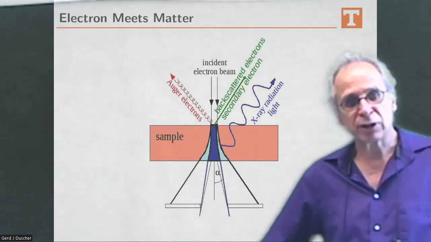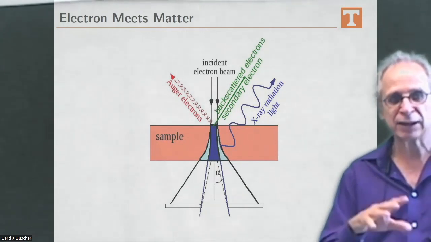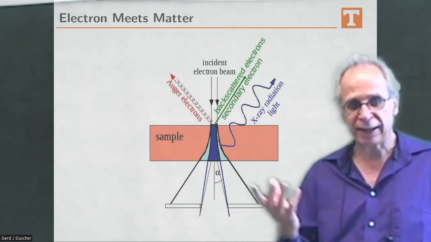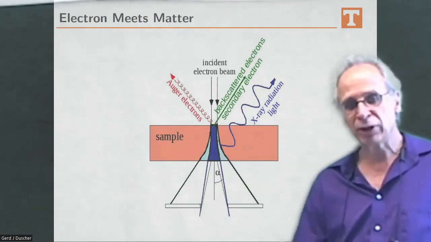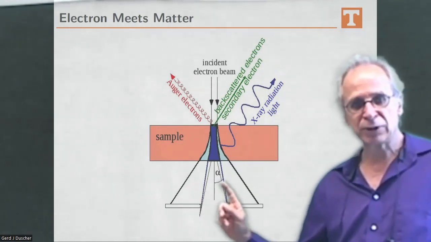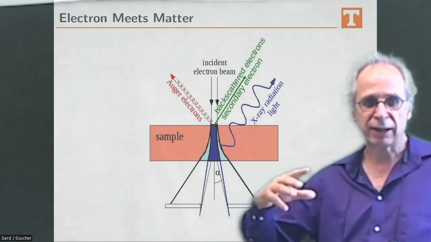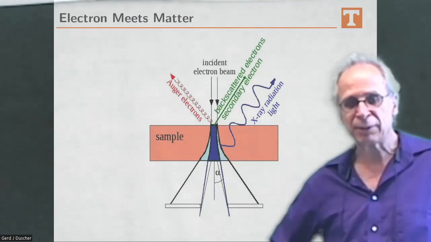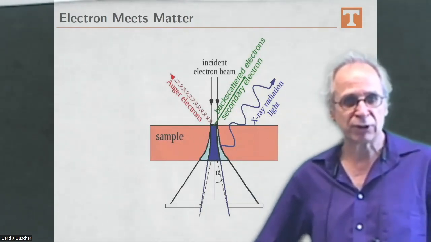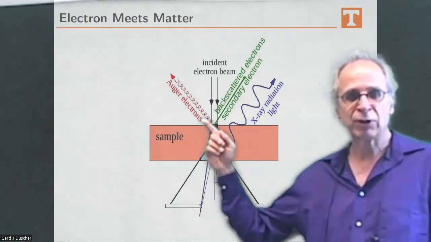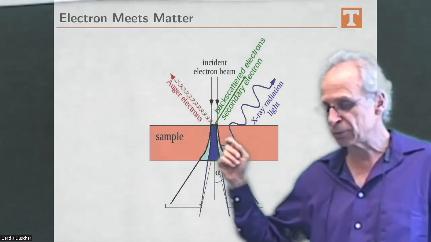The electron can interact with the atoms in the sample inelastically, so they excite some kind of transitions. They lose energy, and then the atoms in the sample have to go back to the ground state. They have to get rid of that energy, and they do that usually with X-rays or Auger electrons.